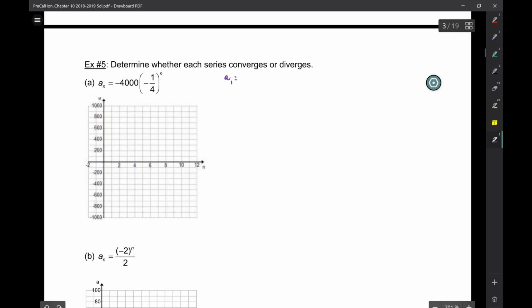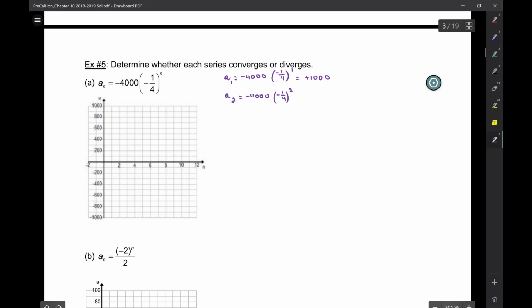A sub 1, right, how do we find it? It is negative 4,000 times negative 1 over 4 to the power of 1. And that value is positive 1,000, right? Because it's negative 4,000 divided by negative 4. Okay. A sub 2 is negative 4,000 times negative 1 over 4 squared.